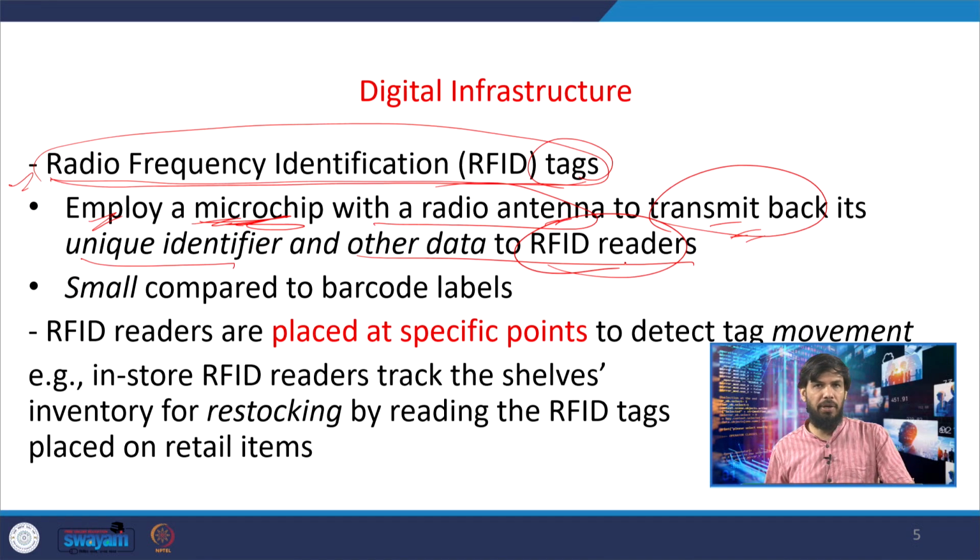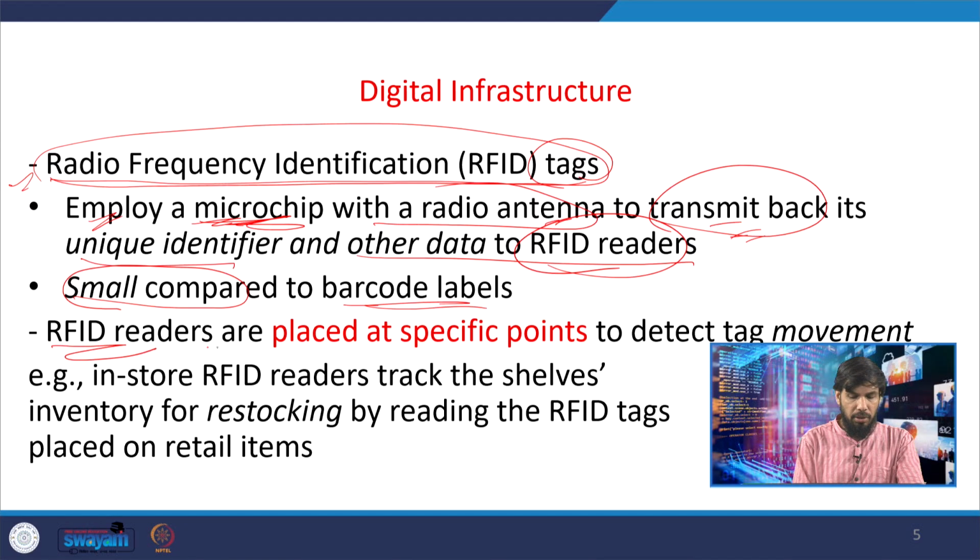So there would be RFID readers installed, and they would be able to read the information in the RFID tags, which are attached to items. A benefit with RFID tags is that they are small compared to barcode labels, and reading can happen faster and from a distance.